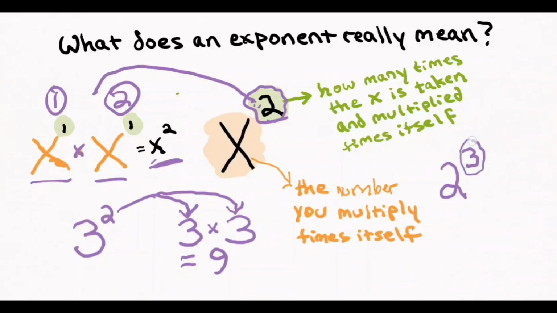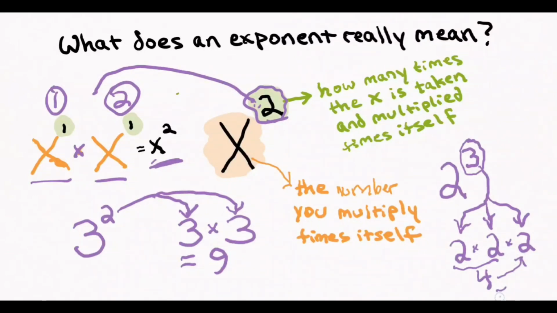This is how many 2s you're going to be multiplying by each other, so we're going to need three 2s: 2 times 2 times 2. 2 times 2 is 4, times 2 is 8. So 2 to the power of 3 is 8. It's not 6. We're not taking 2 times 3. We're taking 2 times 2 times 2. 2 times 2 is 4, and then that number, 4, times 2 again, is 8. So that's a little recap on exponents.